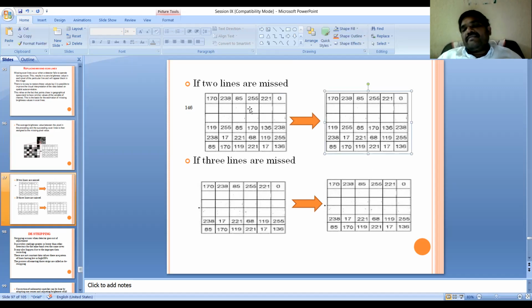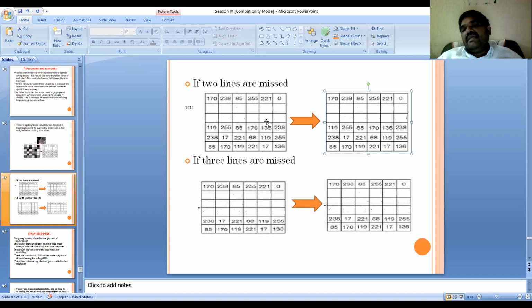In the same way, if two lines are missed, this is the first line and this is the second line. The first line values are replaced with the previous line values. Once we get the first line values by replacing with the previous line values, simply by adding and averaging, whatever value we got will be depicted in the second missed line.